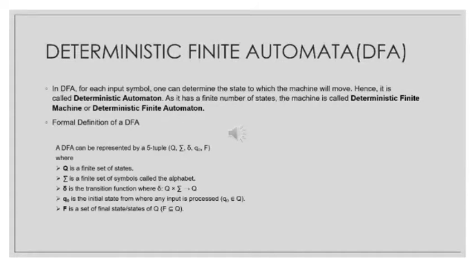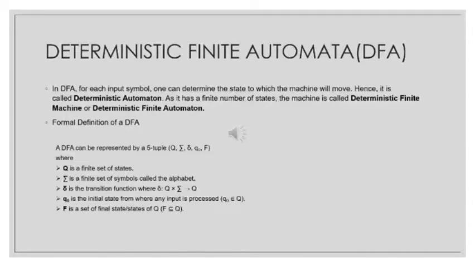For an input symbol 1, this machine will move to state B. That is determined using this deterministic automata. Because it has a finite number of states, this machine is called the deterministic finite machine or deterministic finite automaton. Automaton is the singular form of automata.